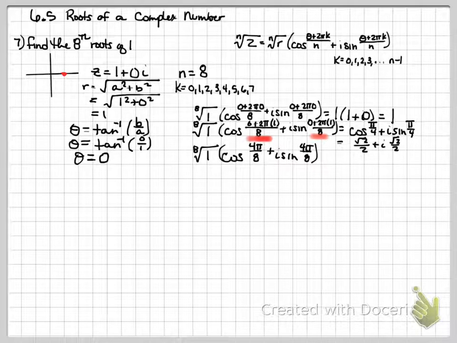So there's a few ways that you can streamline it, especially, that's why I said I wanted to start with 0, things are a little easier with that. Well, 4 pi over 8 is pi over 2, the cosine of pi over 2, plus I sine of pi over 2.